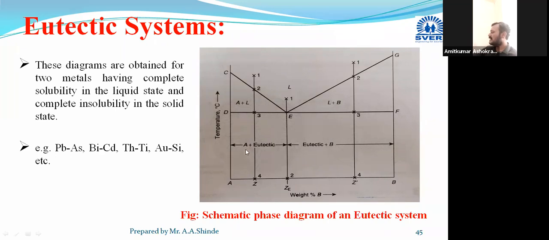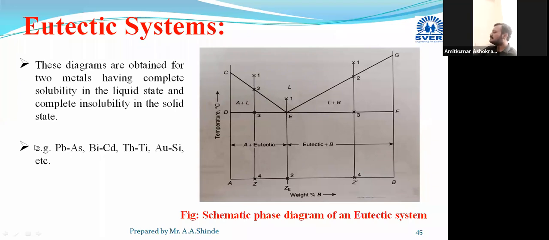So this is the eutectic system. I will repeat it again. These types of diagrams are obtained when two metals are completely soluble in each other in liquid state and completely insoluble in each other in the solid state.